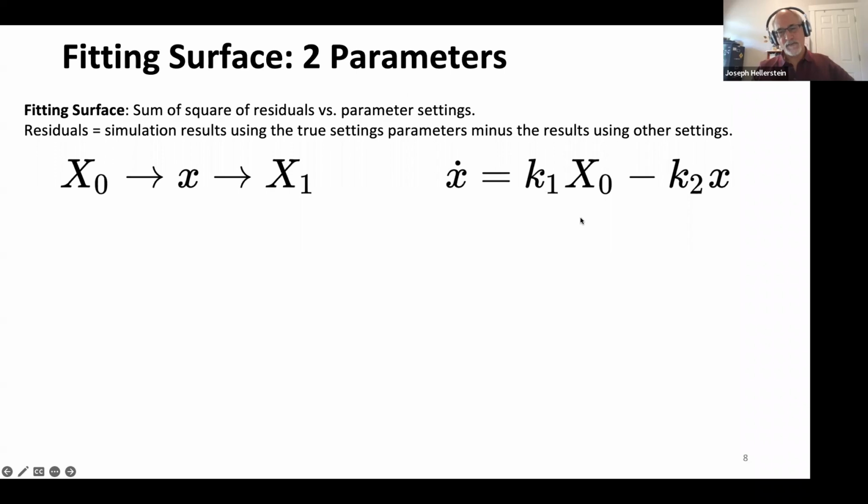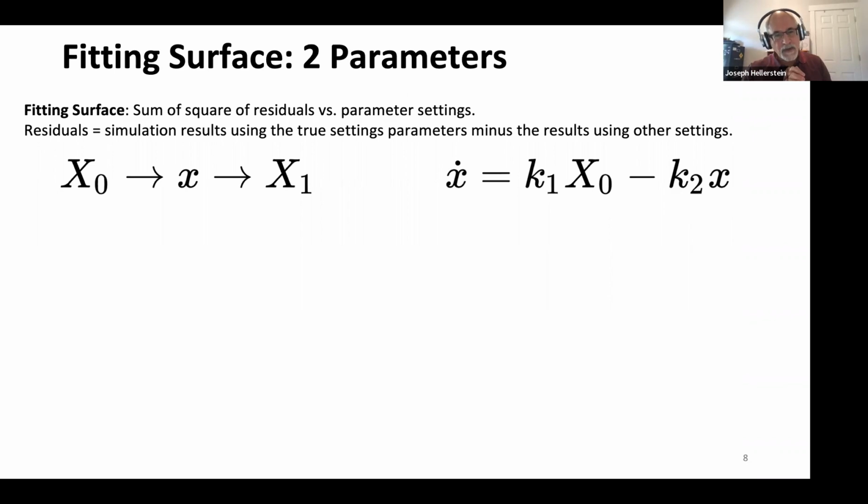Probably heard that from Herbert. So it depends on the concentration of this initial species over here, I've got this unknown constant K1, and then the depletion or degradation of X is based on the amount of X itself, and that's a constant K2. And so this is going to be the rate of change in X. Okay, very, very simple model.